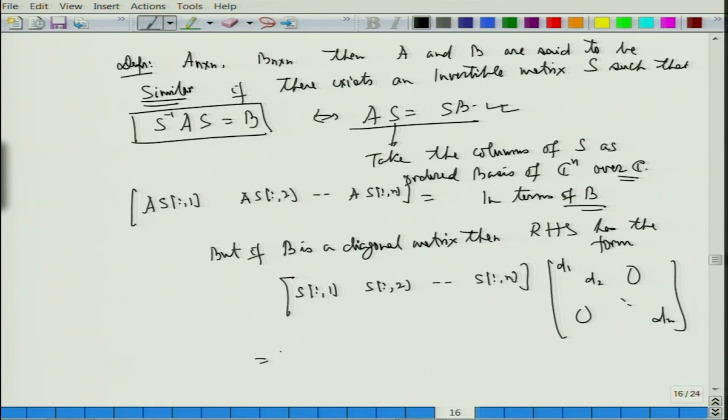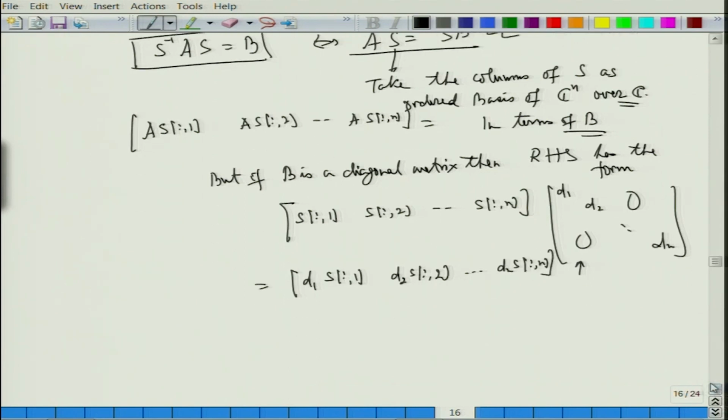Then D1, so this first column is getting multiplied to the first one, second to the second, and so on. So, this corresponds to D1 times S of this, D2 times S of this, and Dn times S of this, fine. So, look at this.